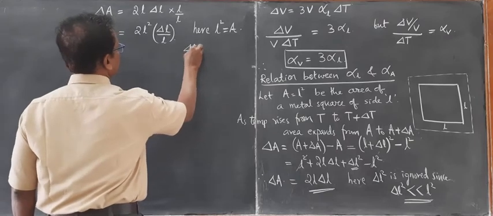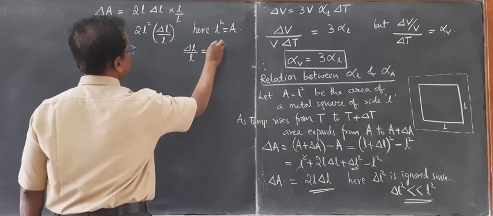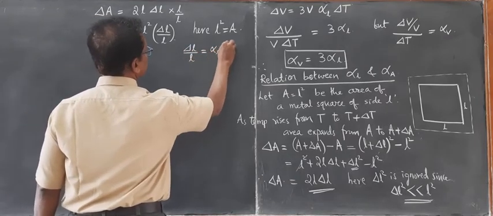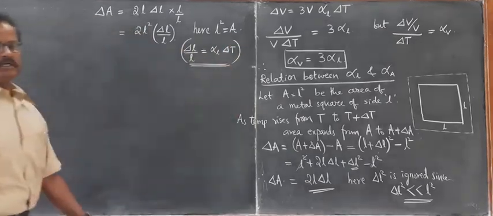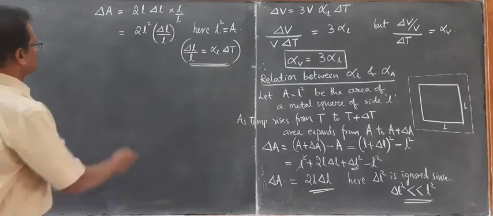Delta L by L, as we have noted down earlier, is equal to alpha L into delta T. Substituting this in this equation.